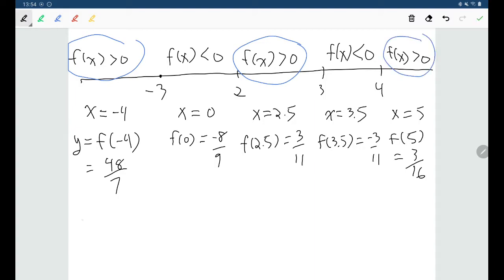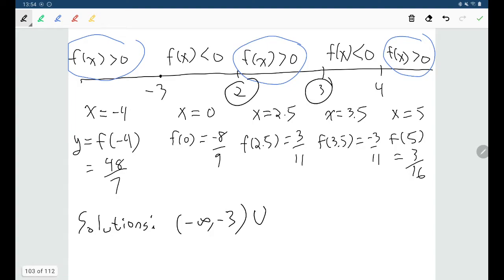So for my solutions, everybody to the left of -3. I wasn't reading carefully here. Try that again. There we go, better. -4 was my test point, but the interval goes all the way up to -3. The second interval was all the values between 2 and 3.